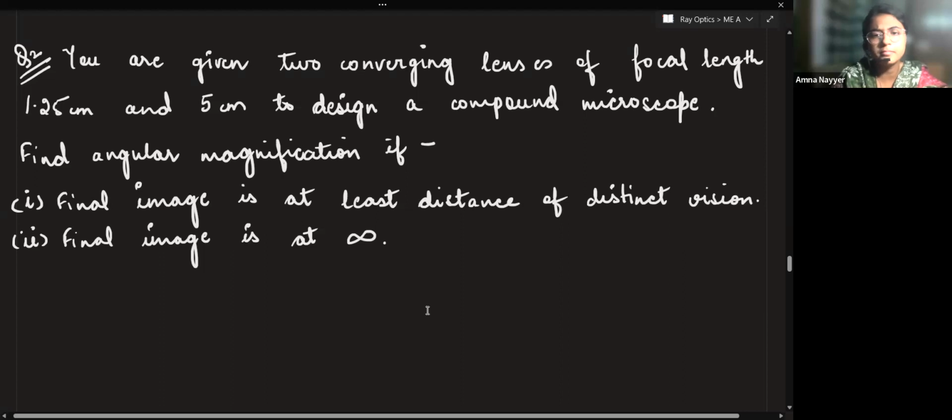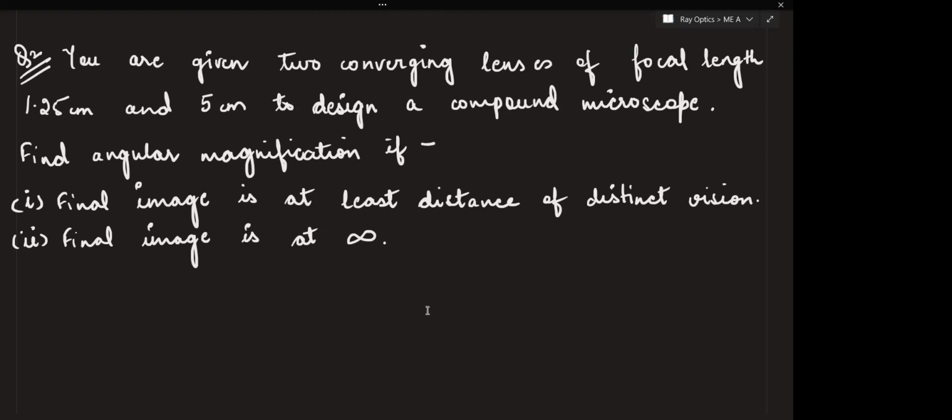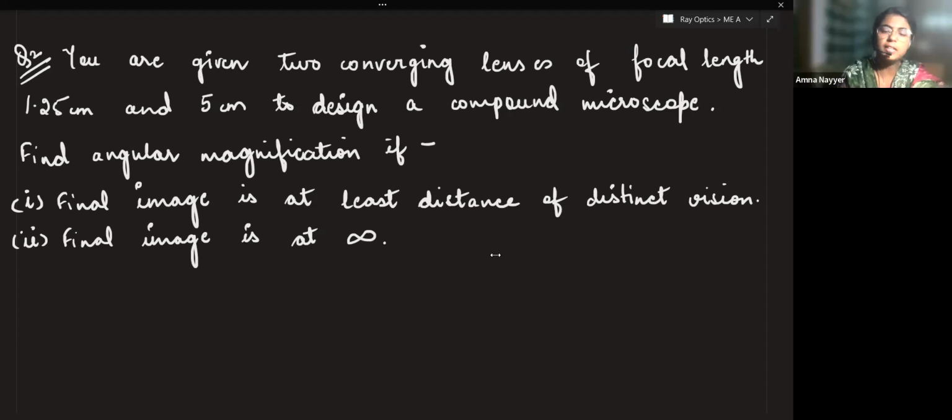Ma'am, could you repeat the question? What is magnification? Magnification is the ratio of two angles. One we write as beta in the numerator, in the denominator we write alpha. So what is beta, I'm asking you? The angle that we write in the numerator.